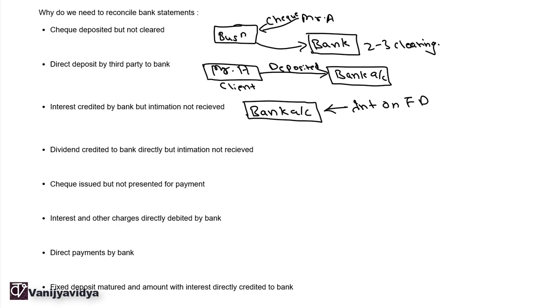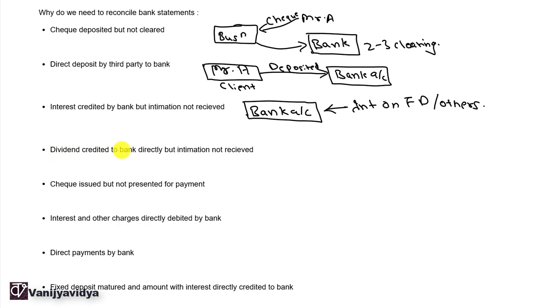So in computerized system, at the end of every month or quarter, the interest will automatically get credited to your bank account. But say we have not received an intimation from the bank for the interest, then this interest will be appearing in our bank statement. But since we have not received an intimation, it won't be in your bank account as per books.